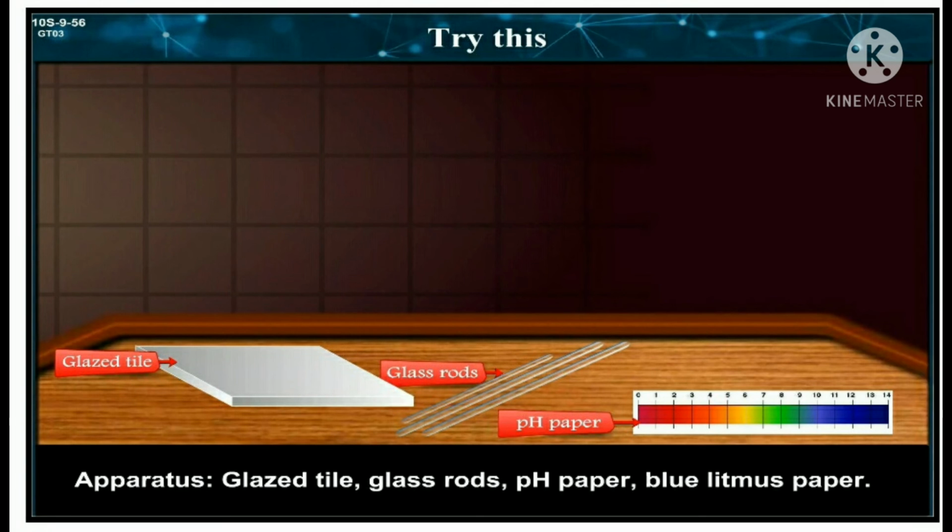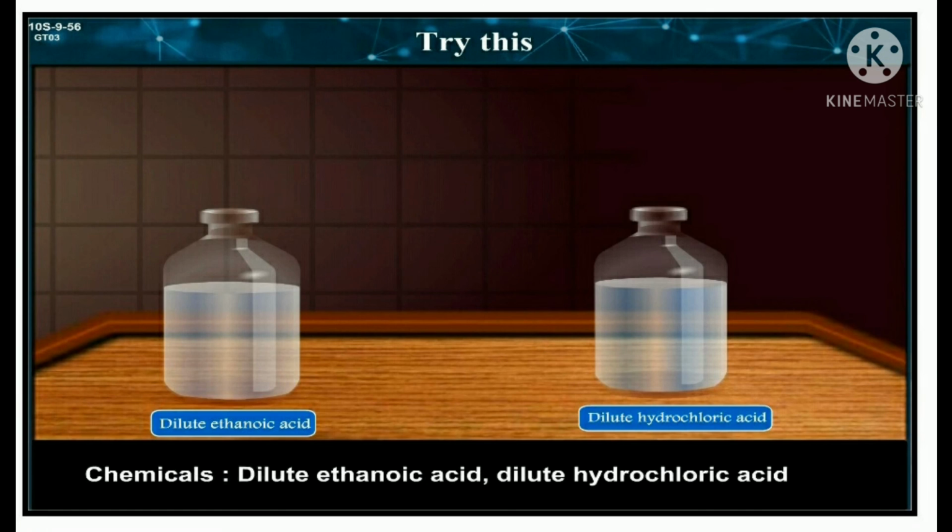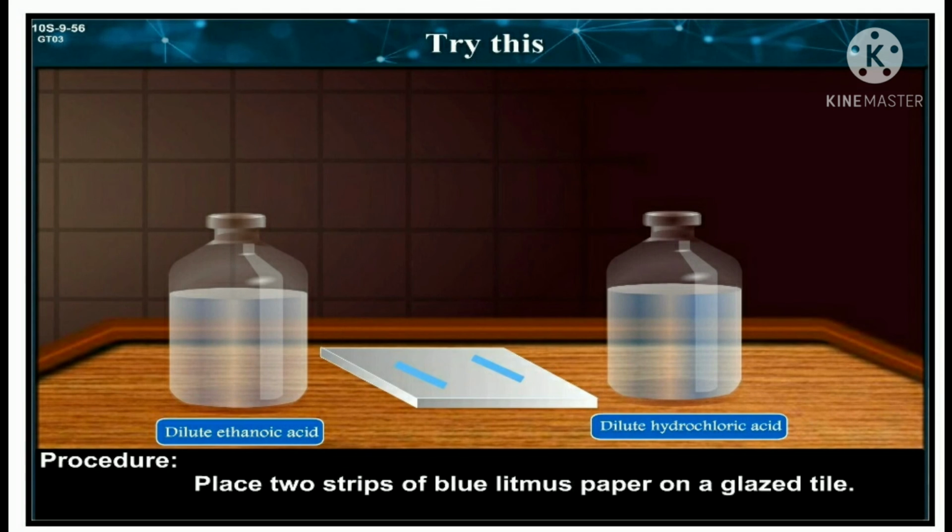For this, you will need apparatus: glazed tile, glass rod, pH paper, blue litmus paper, etc. Chemicals: dilute ethanoic acid, dilute hydrochloric acid. Procedure: place 2 strips of blue litmus paper on a glazed tile.